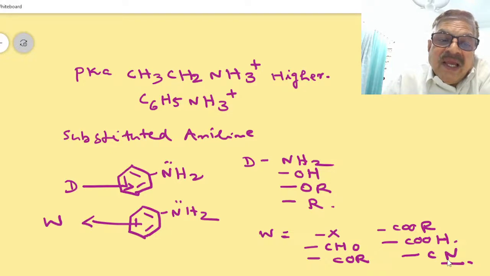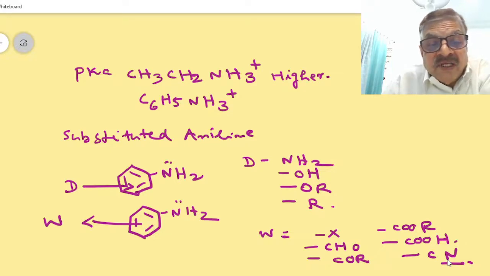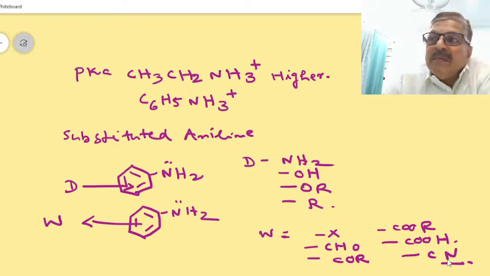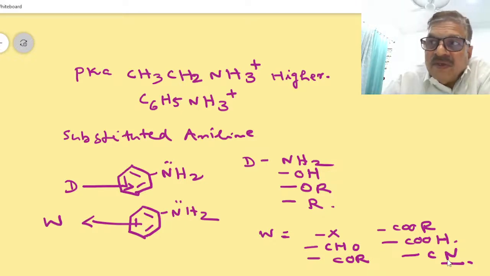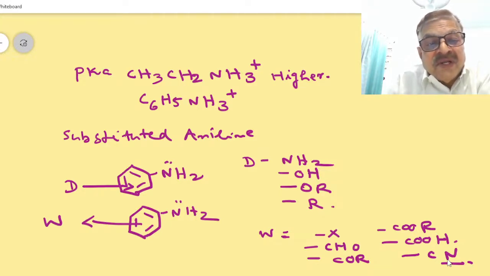That means an amine with an electron donating substituent will become more basic compared to aniline. Therefore, basicity will depend upon the nature of the substituent. Electron donor groups add electron density, so the electron density of the benzene ring will be increased, making the aryl amine more basic than aniline.